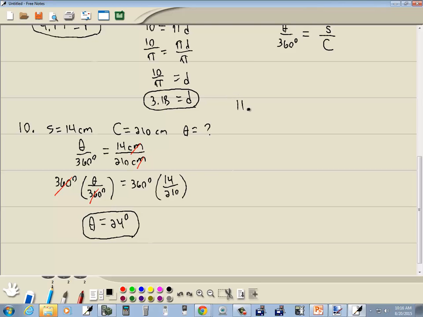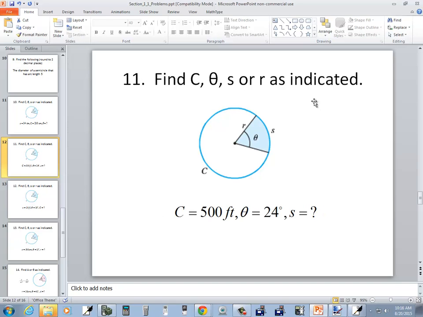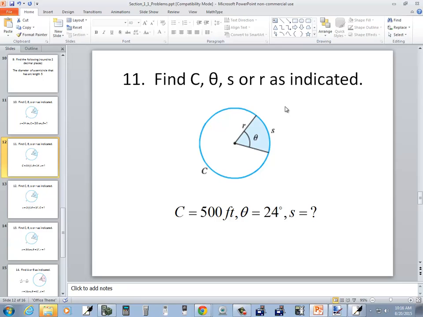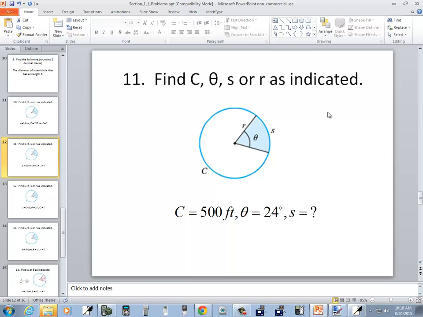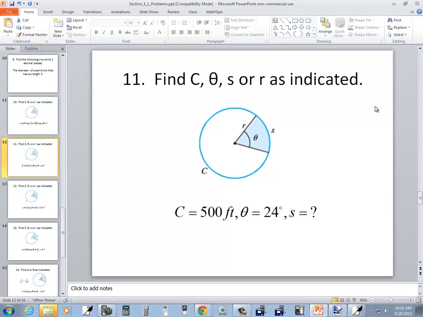Okay. Take a look at another example. Number 11. Telling us that C is equal to 500 feet. Theta is, oh well, I guess it doesn't matter. I really didn't plan it that way. I just made these numbers up, so it's kind of strange that this came up as 24 degrees and this one is 24 degrees, but oh well.